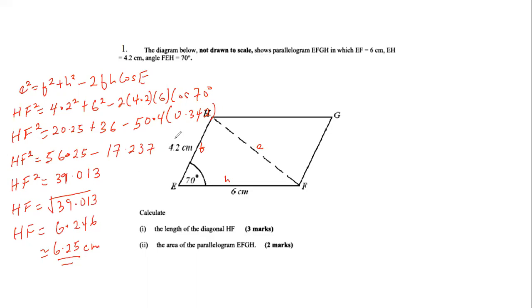So the only thing I want is for everybody to get the same cos 70. Okay, good.